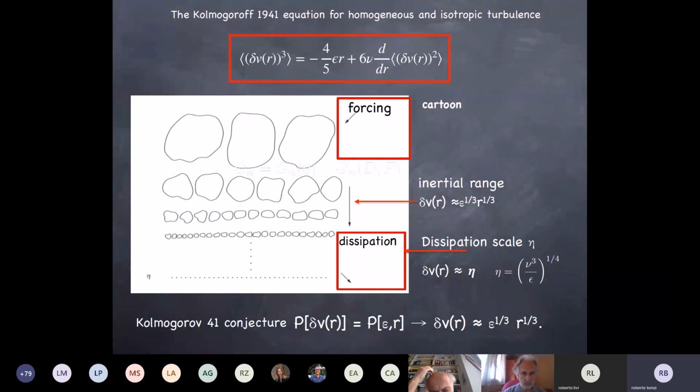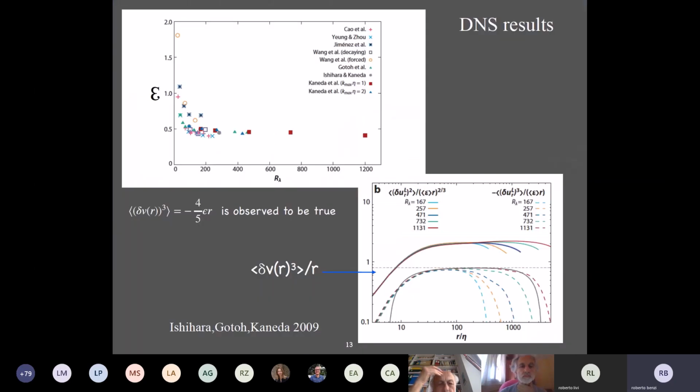Next step, let us see what happens to this prediction if you compare it against one of the best numerical simulations done in the last few years. Here are the results by Goto, Kaneda, and Ishihara in 2009.